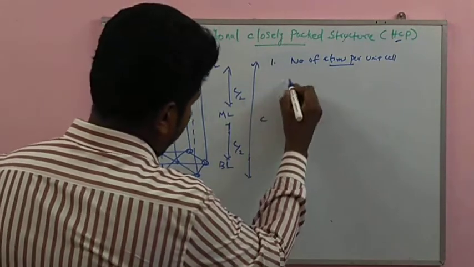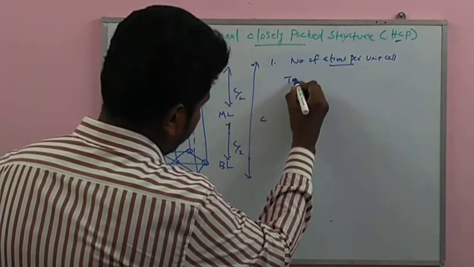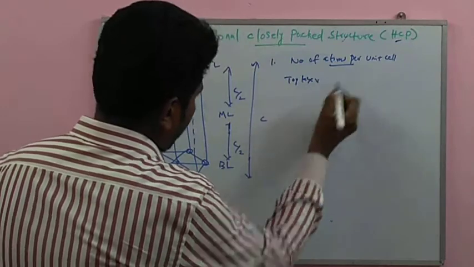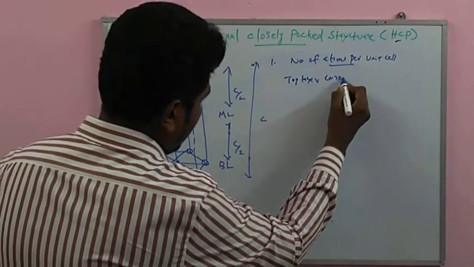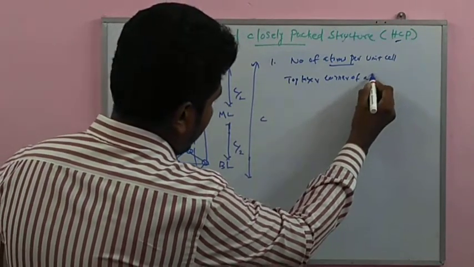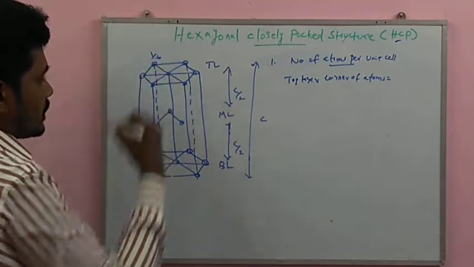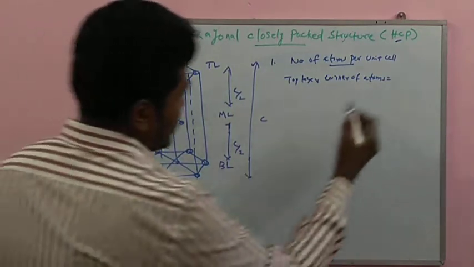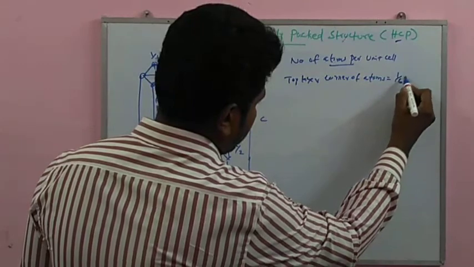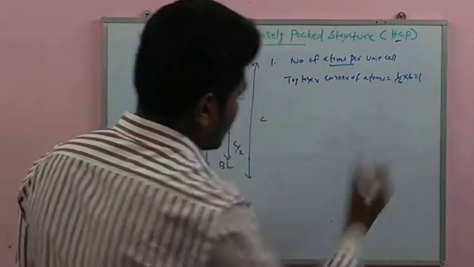First is the top layer corner atoms. In the top layer, there are 6 corner atoms, and each atom is shared by a 1/6 ratio. So this calculation is 1/6 into 6 atoms, and the answer is equal to 1.